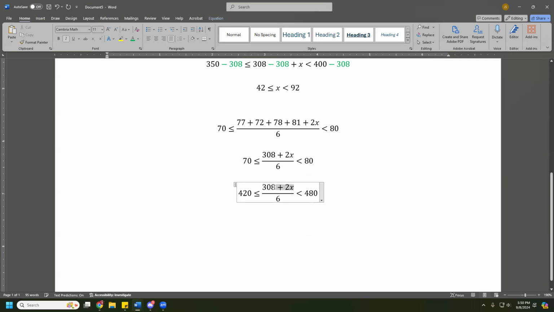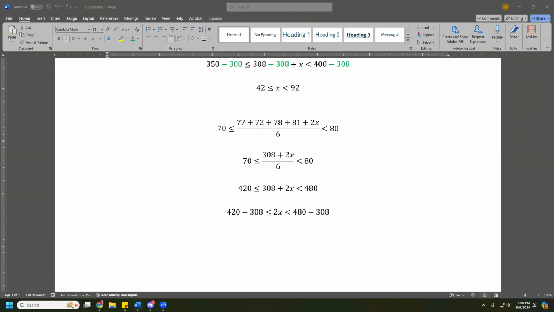And I don't need my divide by 6 anymore. Now, finally, I would have to subtract 308 from every side. And when I do that, it disappears from the middle. And now I would be left with, let's see. I'm going to go ahead and throw this into a calculator just to make sure I don't mess it up.